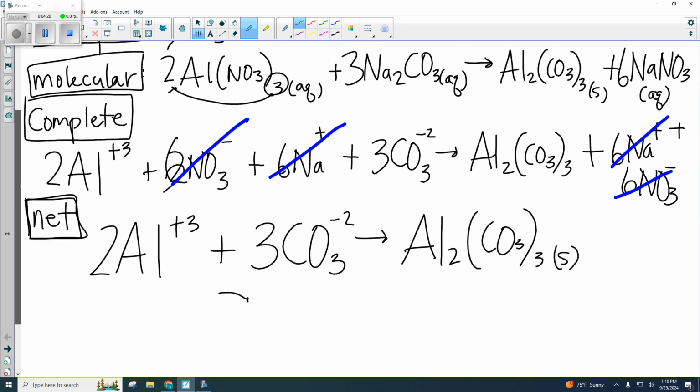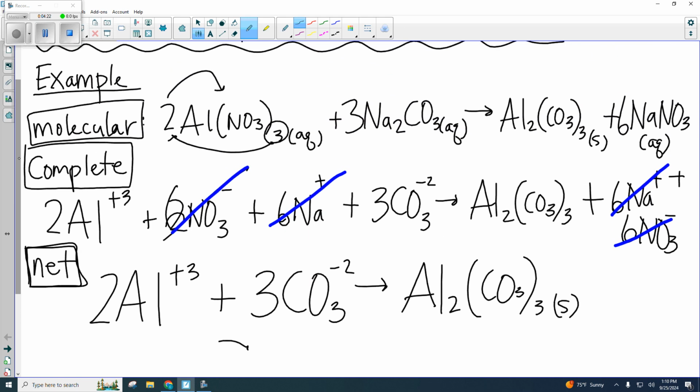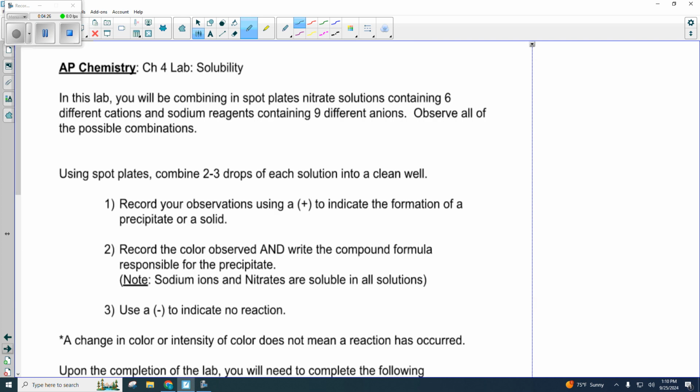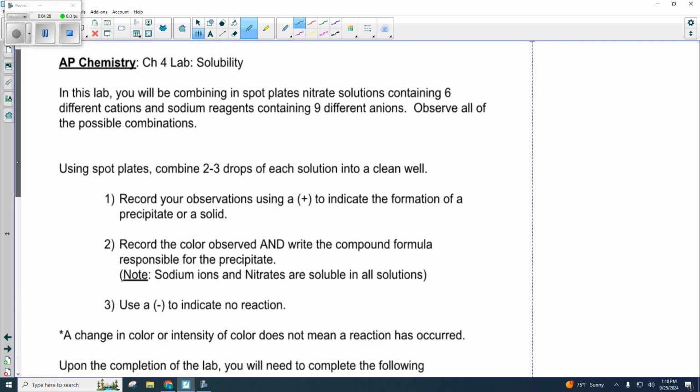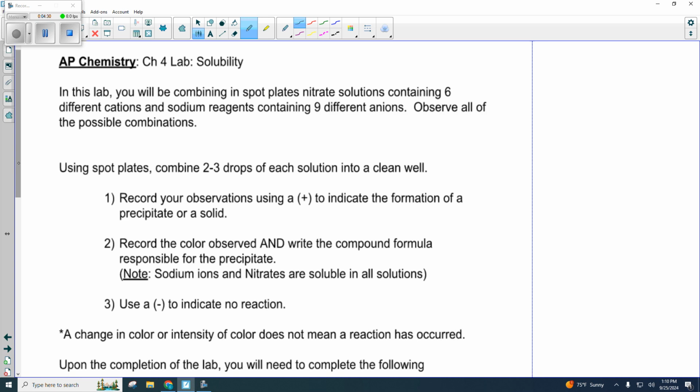Now, the lab is going to ask you to write a couple sets of these, so I want to talk about that. So hopefully you have your lab sheet in front of you. If you don't, go ahead and pause and wait. So in this lab, you'll be combining in spot plates. So hopefully you remember what spot plates are. They're back there in lab, containing 6 different cations and sodium reagents and 9 different anions.